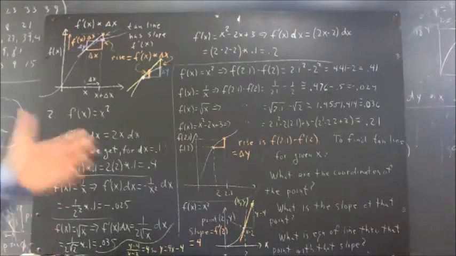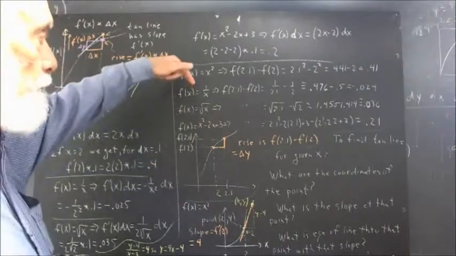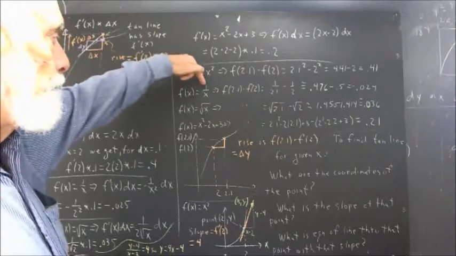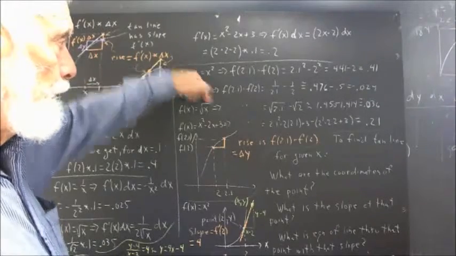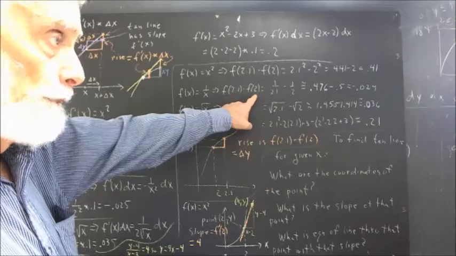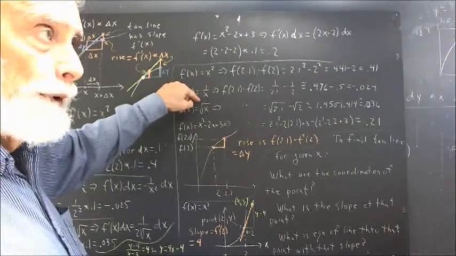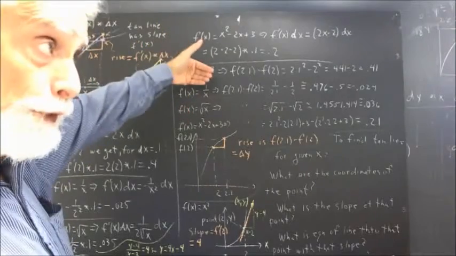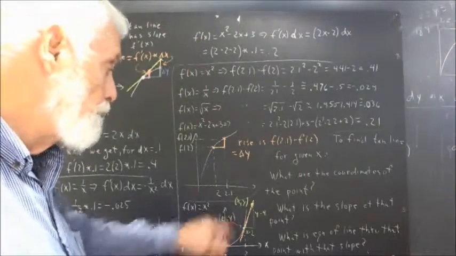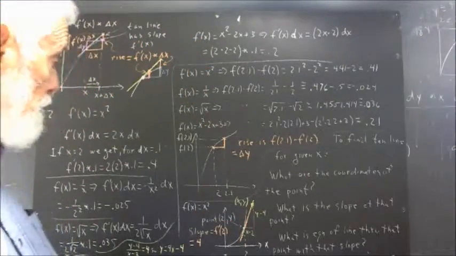We can use identically the same reasoning to find the tangent line for f of x equals 1 over x at the point where x equals 2. Now, if x equals 2, then 1 over x is going to be 1/2. So the point is going to be 2, 1/2 rather than 2, 4. And the slope is going to be different.